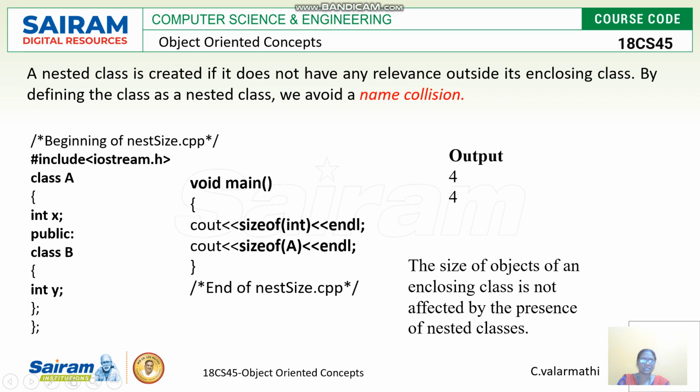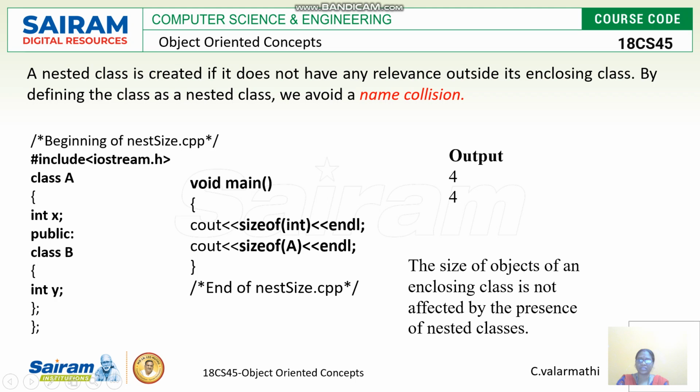According to the size of classes, if we take class B as the nested class, it will occupy some size according to the members defined in the nested class. Here, since class A and class B have identical member variables of integer type, both occupy sizes 4 and 4, right?